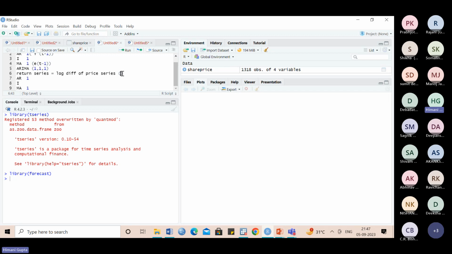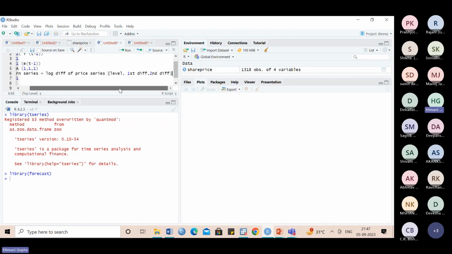It is stationary either at level, or your first difference, or your second difference. I have to write this part in front of I. Now, the return series is already stationary at level. If I am writing the return series only, it is stationary. So that's why I write 0.